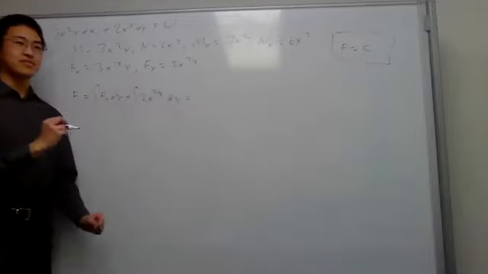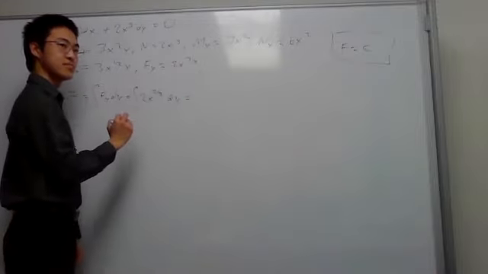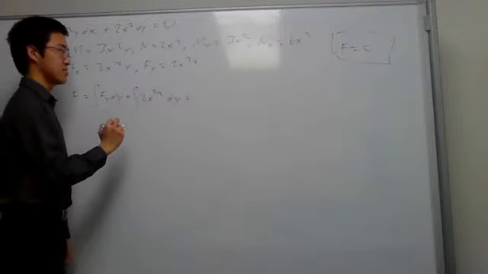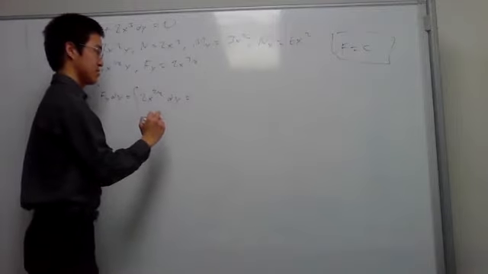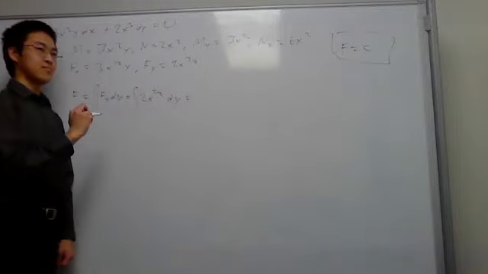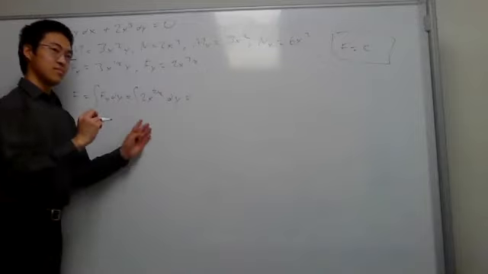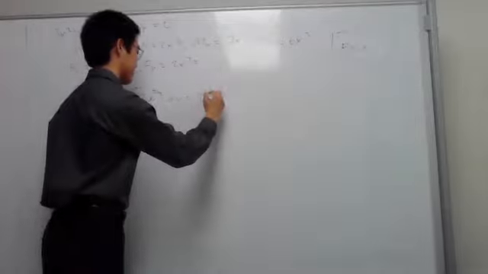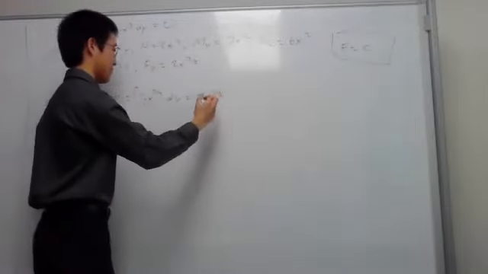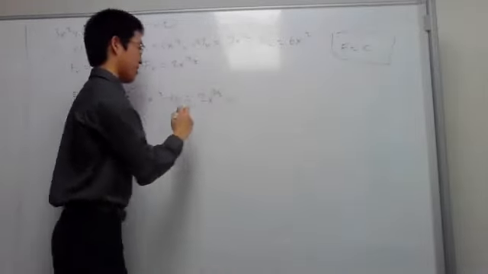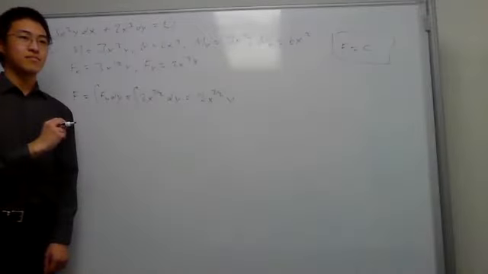So what does that give us? Well, if we just add 1 to the exponent and divide by the new exponent, we just add a y.